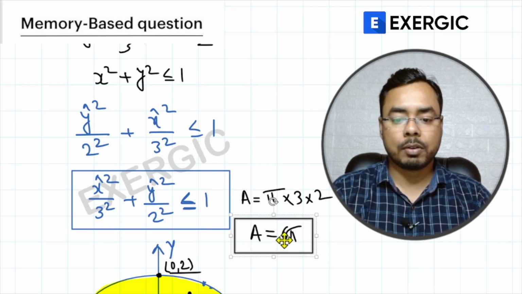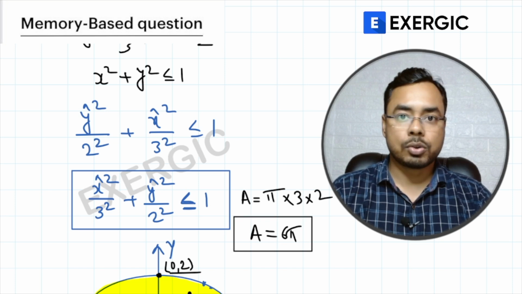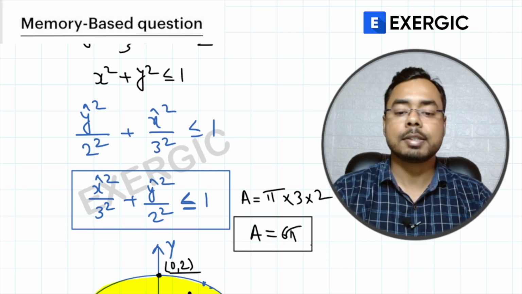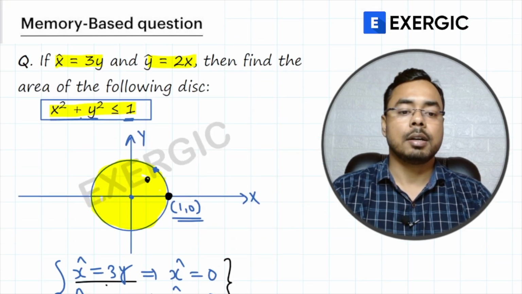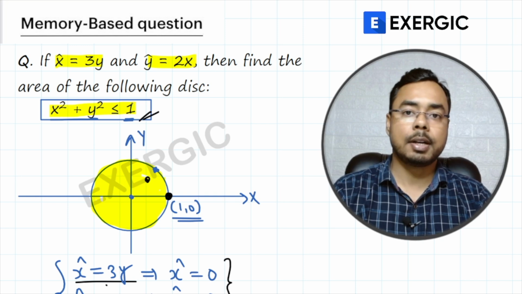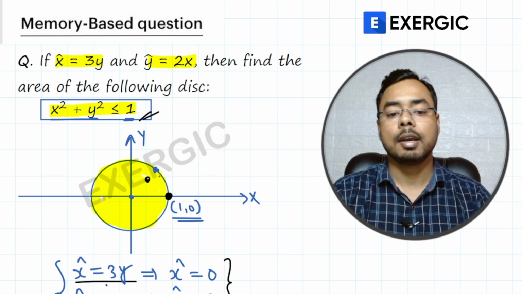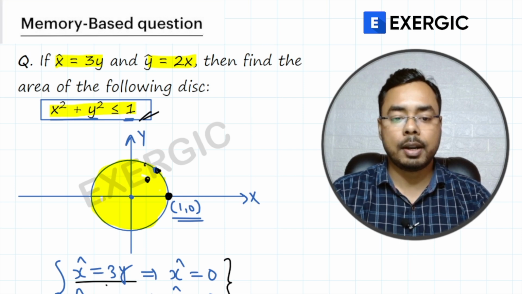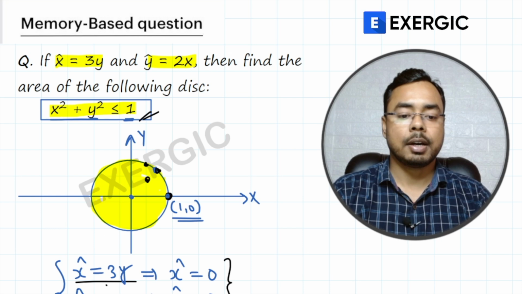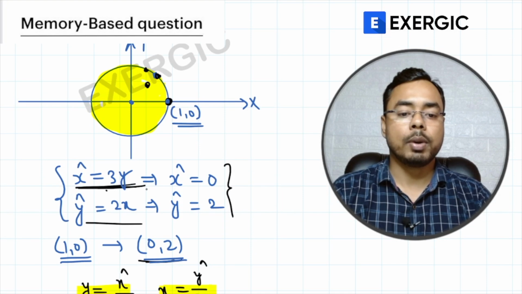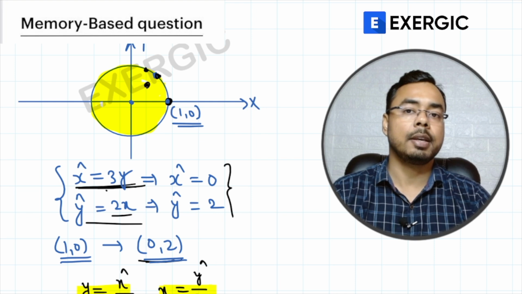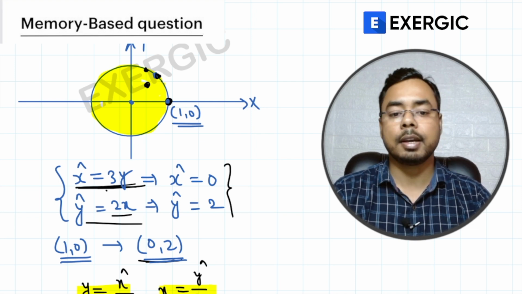I'm sure many of you have solved this problem, but you should know the concept also, that is, what is the meaning of this area 6 pi? The inequality represents a circle, the collection of all those points which are either on the circle or inside the circle. If I take the image of any point on this circle under this transformation, x cap is 3y and y cap is 2x, I will get another point on the ellipse, and if I take any point inside this circle, then I will get a corresponding point inside the ellipse.